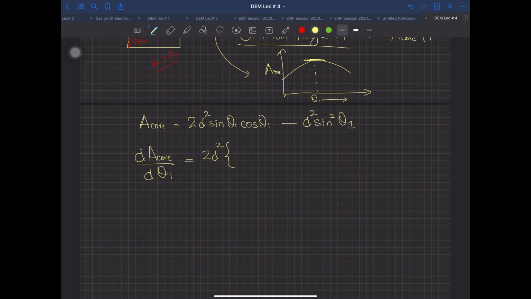I have sin theta 1 cos theta 1. The derivative of sin is cos, so this will be cos theta 1 into cos theta 1, plus sin theta 1 times the derivative of cos, which is minus sine. So this will be sine of theta 1 sine of theta 1. Agreed? Minus d square. What about sine square theta 1?